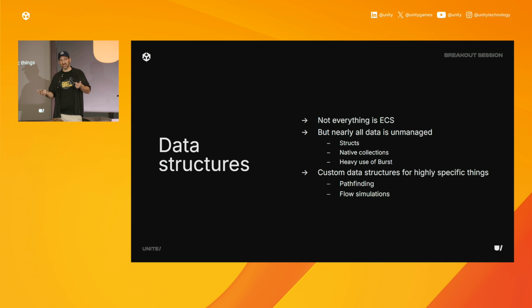The advantage is that in systems where you do not need the flexibility of components, you do not need the overhead of them either. Pathfinding, for example, is a great reference for something not necessarily suitable for entities. Flow simulations and electricity are very similar to pathfinding in terms of node dispatch.